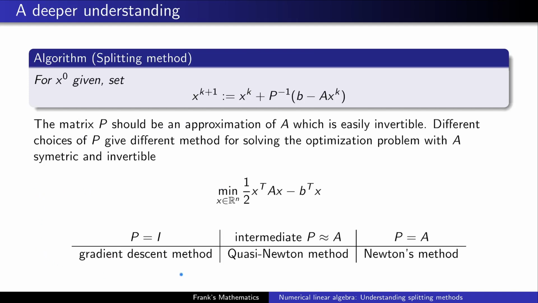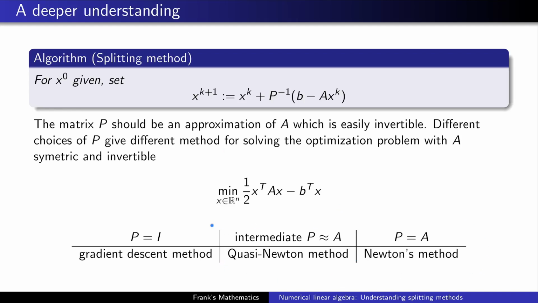So let's start with the table here. Here you can see what happens if we choose P to be different values. The idea is the matrix P should be a good approximation of the matrix A with the property that it is easily invertible. So if you choose P in a different way, this will give us a so-called quasi-Newton method.